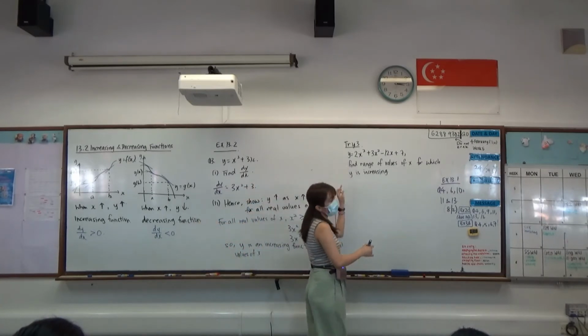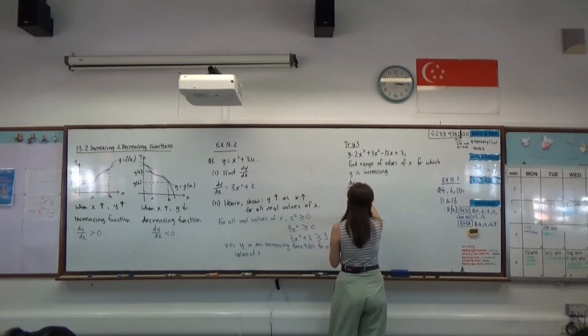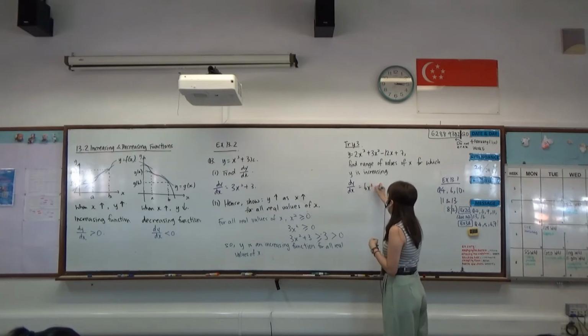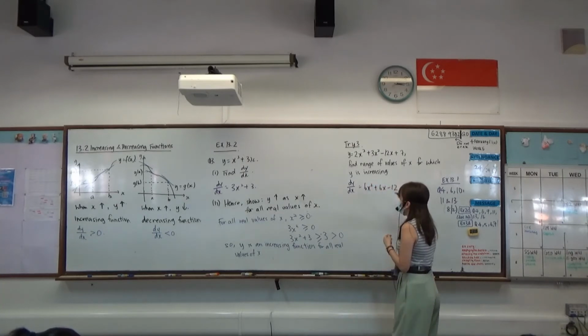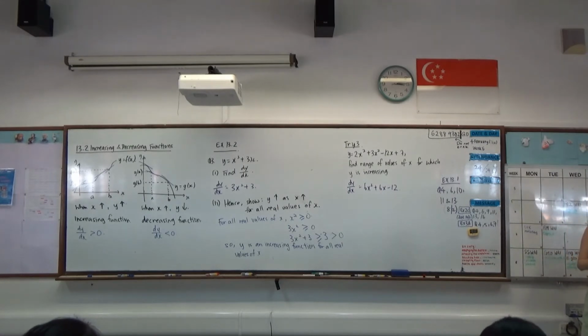So we will have to find our dy over dx first, and in this case, that is 6x squared plus 6x minus 12.